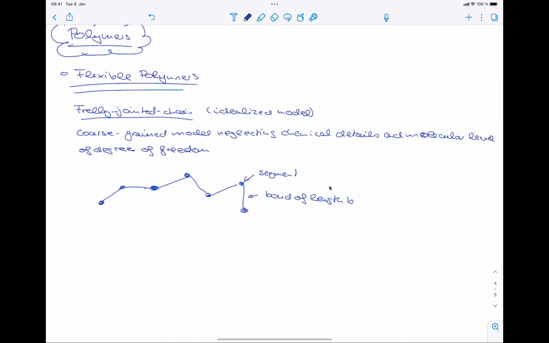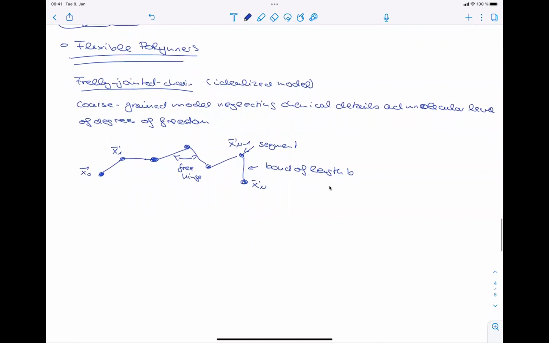To describe the physics of the system, I denote the position of each segment by a position vector x_i, and so on, x_{n-1}, x_n. And I take it that there is a free hinge between two bonds.